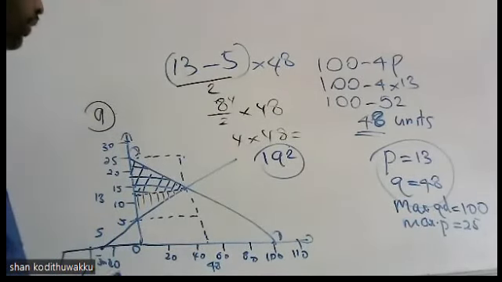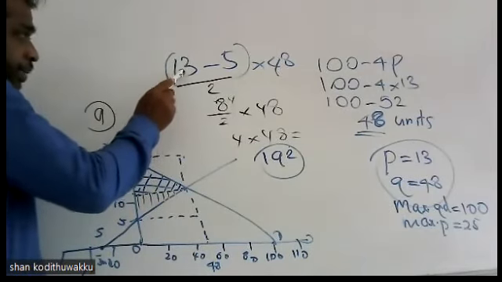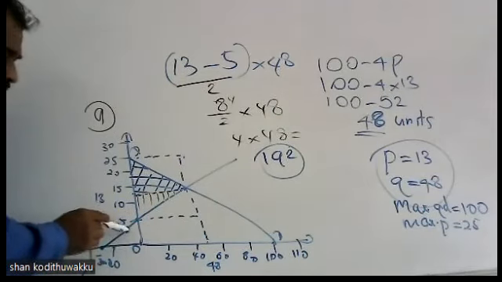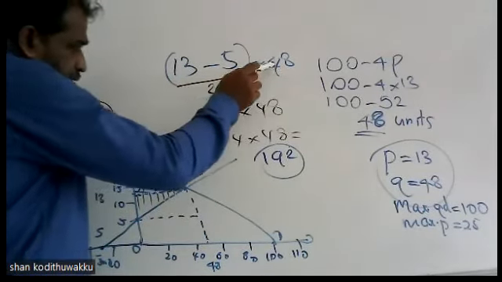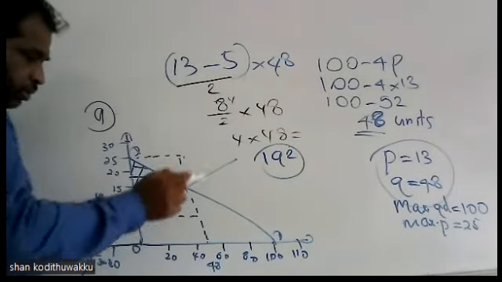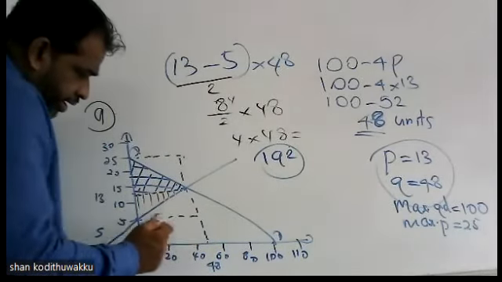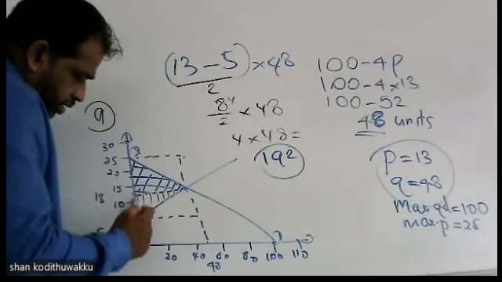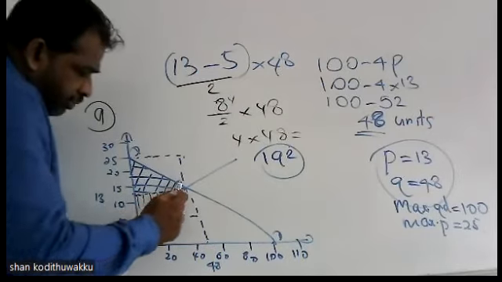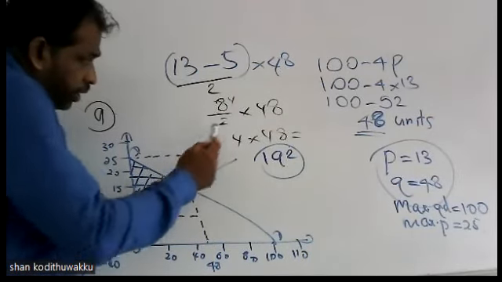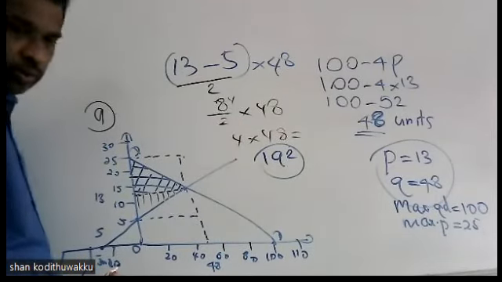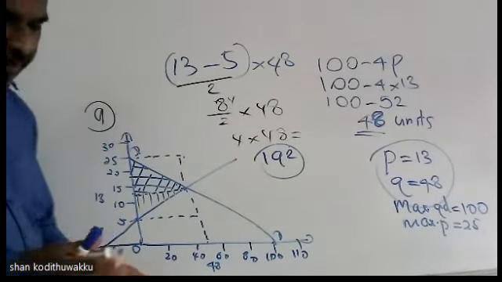How will you take? Equilibrium price 13, but the lowest price producers are ready to supply 5, into the equilibrium quantity 48. Why did you divide by 2? Because for the full rectangle the vertical distance is 8, but as we take only the triangle area, we divide by 2. Therefore, 4 into 48, 192. That is the producer surplus.